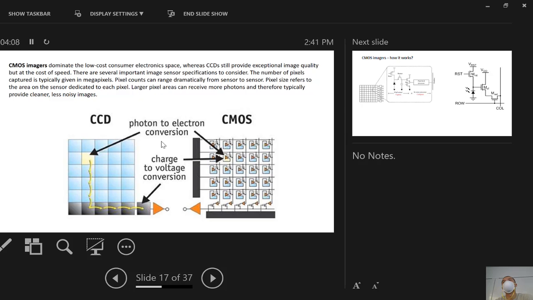So that's the trade-off. You want to integrate more functions into that pixel, but you don't want to use a lot of area for something that is not photosensitive. Then you are reducing the aspect ratio.